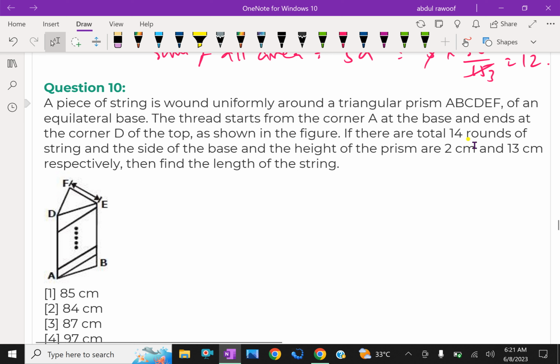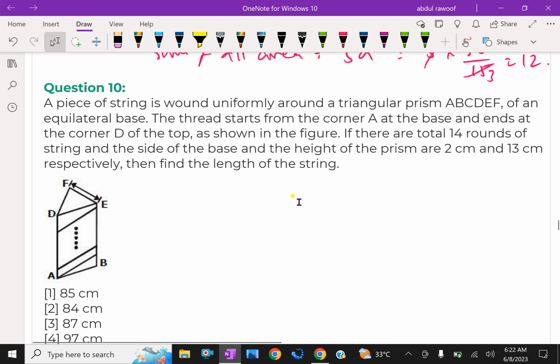If there are a total of 14 rounds of the string, and the side of the base and the height of the prism are 2 centimeter and 13 centimeter respectively, then find the length of the string.